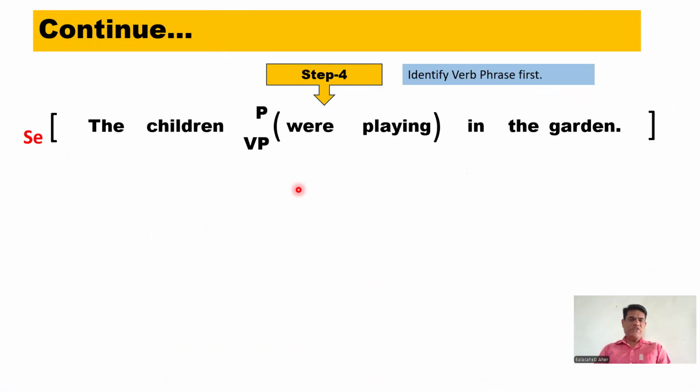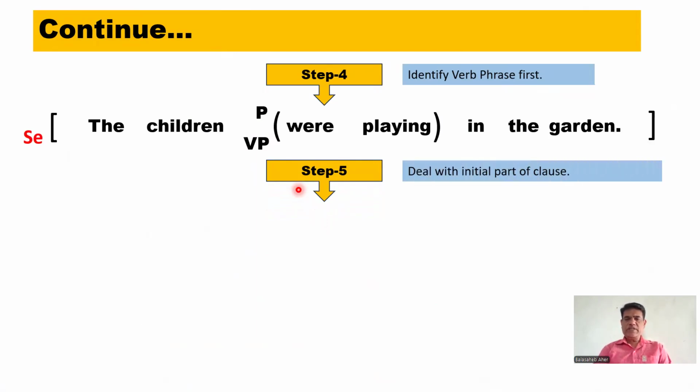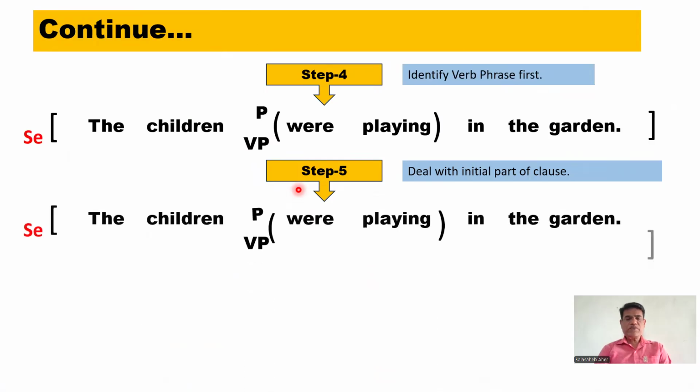You may start with the children or you may do in the garden. It depends upon you because that is not going to make any difference. Now in step 5, we will start from the beginning of the sentence, the unit which is left, the children. So deal with the initial part of the clause, and this is the example that we have solved so far.